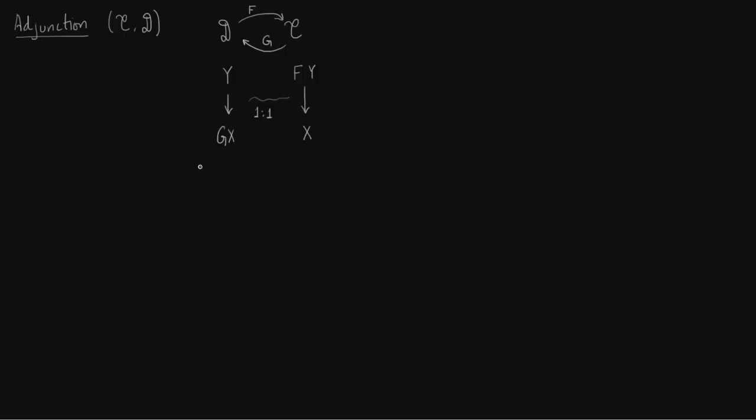So we say these two arrows have a one-to-one correspondence, or we have the following isomorphism. So the arrows match up: arrow y to Gx matches up to arrow Fy to x. So you just have fixed objects y in D and x in C, and then just apply the functors.